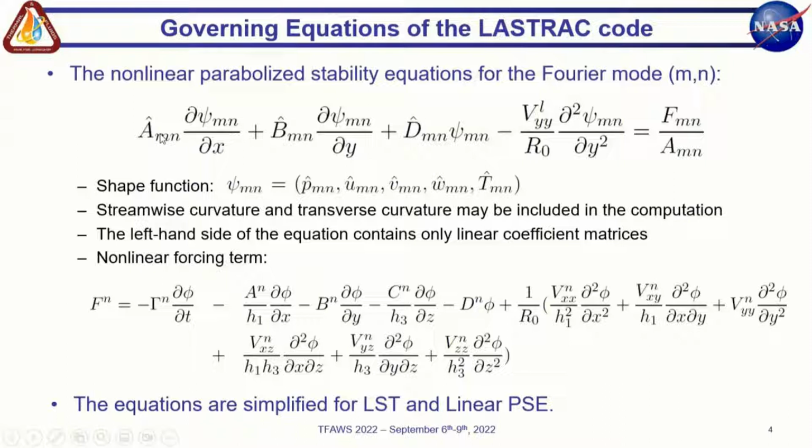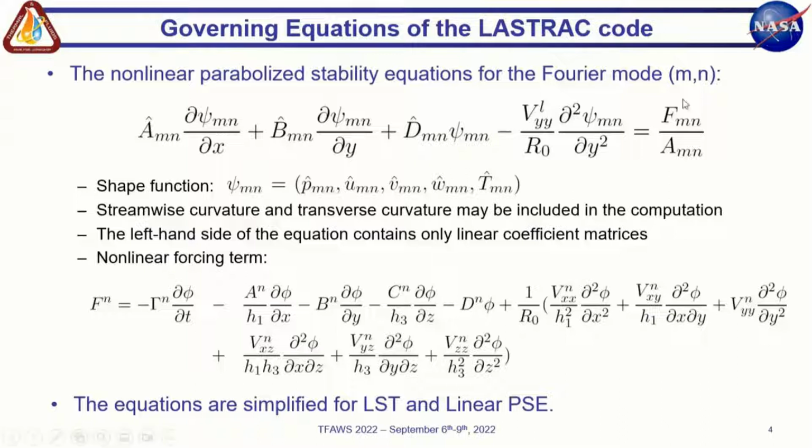You can see on the left-hand side, it includes the linear coefficient matrices. I pick this form of the governing equation because in this way we can represent the nonlinear PSE, linear PSE, and the linear stability theory in a similar form.